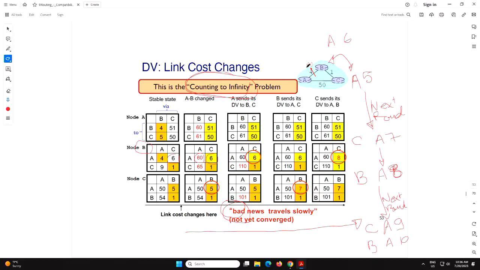You are not exchanging the next hop. So when C is saying that I can reach A with a smaller cost, C is not telling B that, by the way, this is through you. And that's where the problem is. So B doesn't know that C is thinking of sending it through me. B doesn't know that, and that's why it's accepting it.